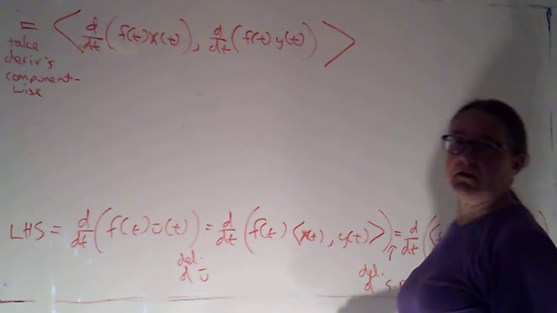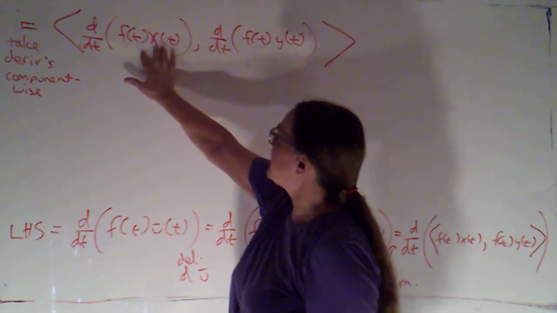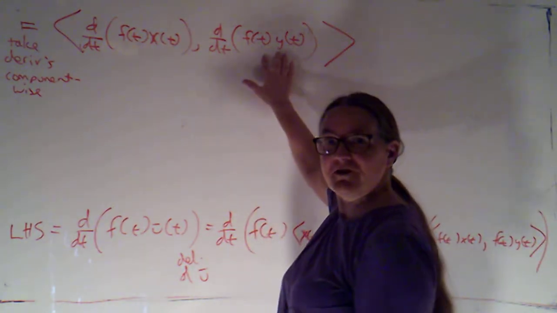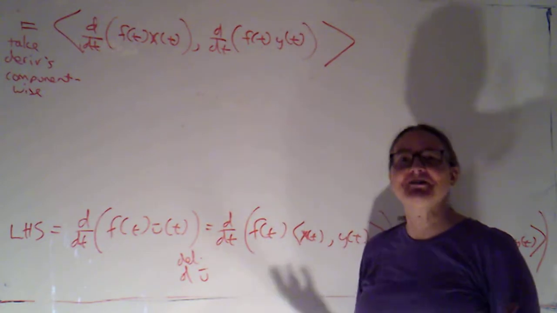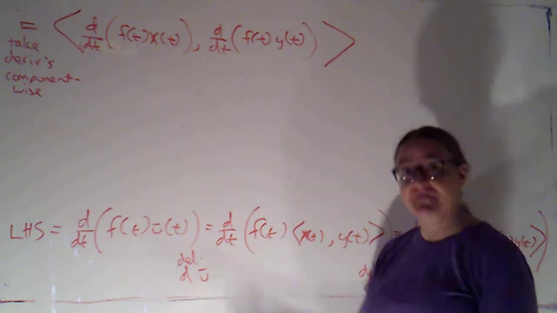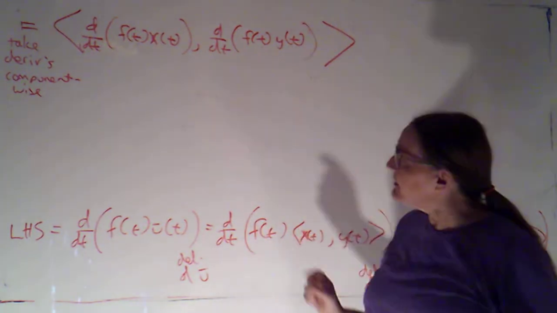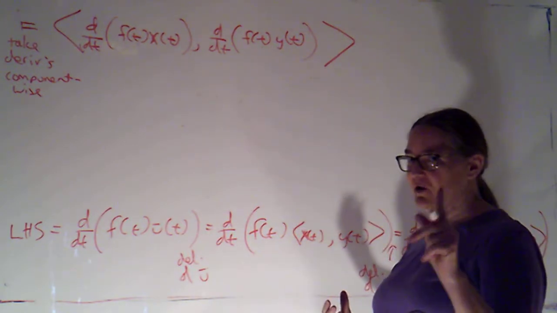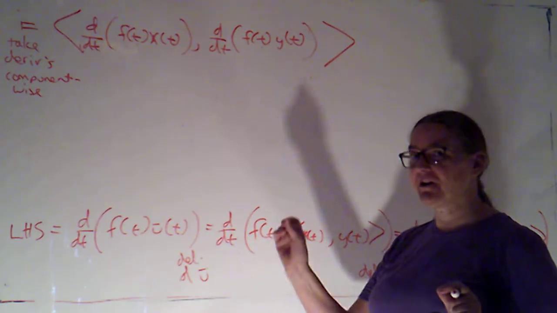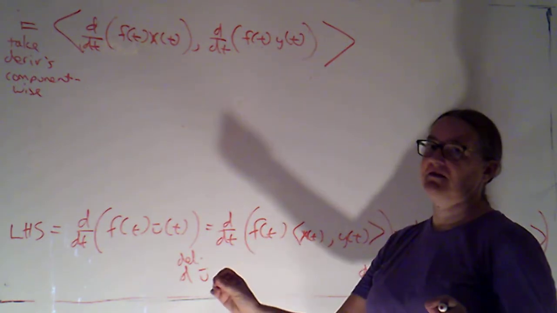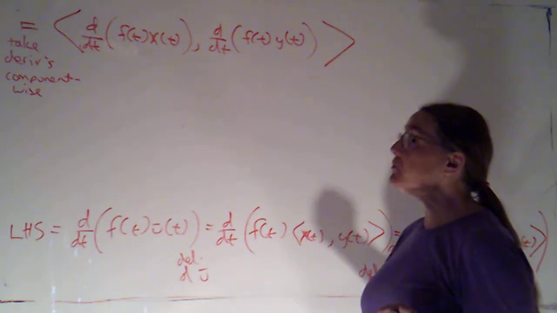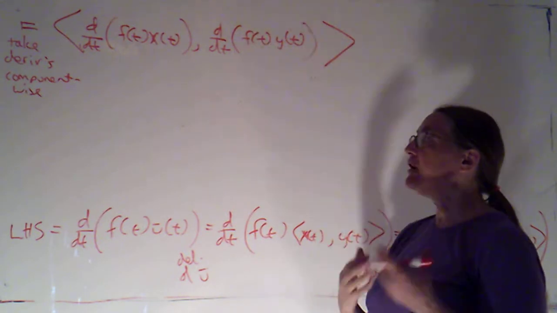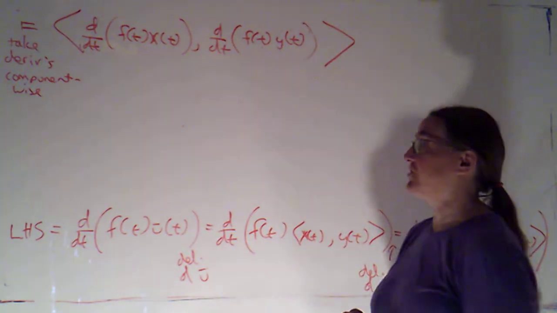Now this is fabulous because these are real valued functions. I get to use all the calculus that I know from 2 semesters of calculus. I got this one in first semester calculus: I get to use the product rule. Notice, we are proving a version of the product rule for vector functions, and I'm going to use the product rule for real valued functions.